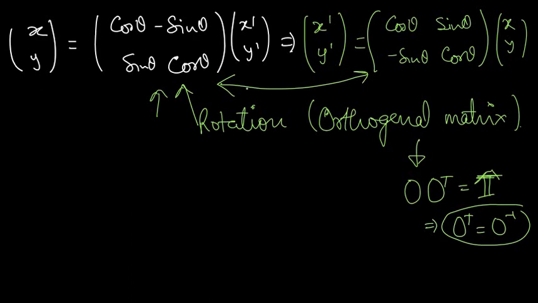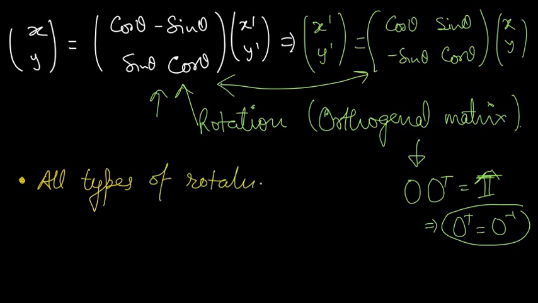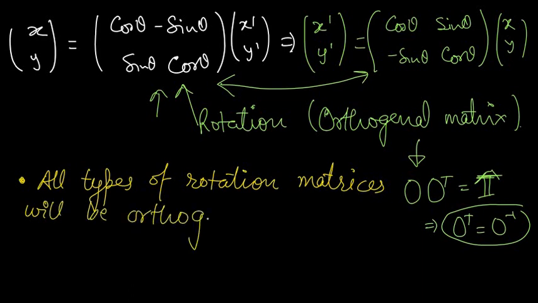Okay, so here we can make a conclusion like this, that all types of rotation matrices will be orthogonal matrices.